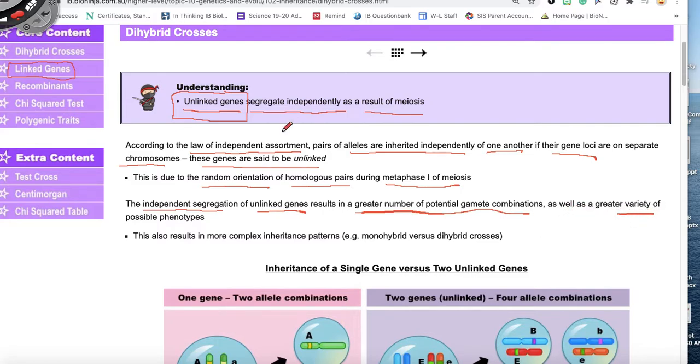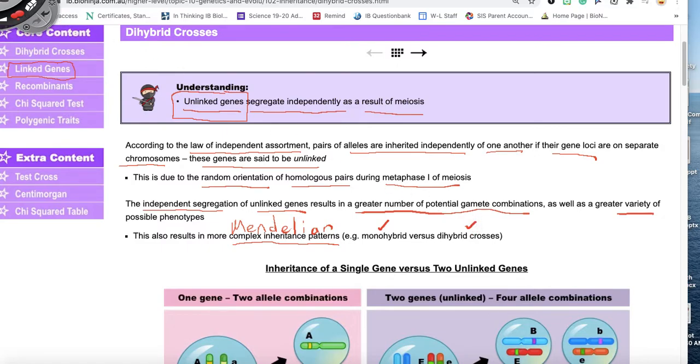So back in the 9th grade, you looked at these complex inheritance patterns, but really the focus for 9th grade and 11th grade was Mendelian inheritance patterns. So you looked at Mendel's experiment and what he did when he crossed pea plants, and he crossed monohybrid versus dihybrid.